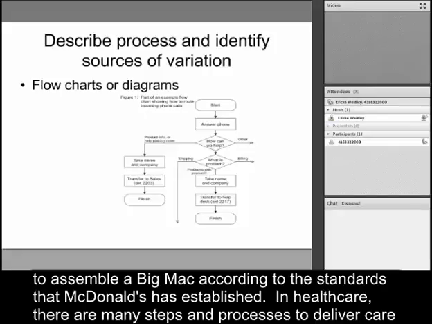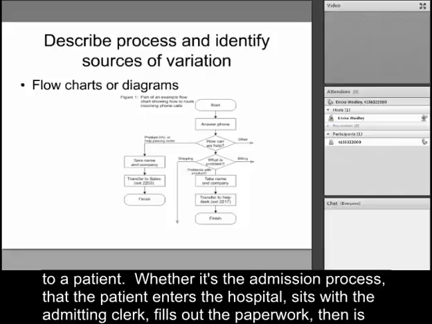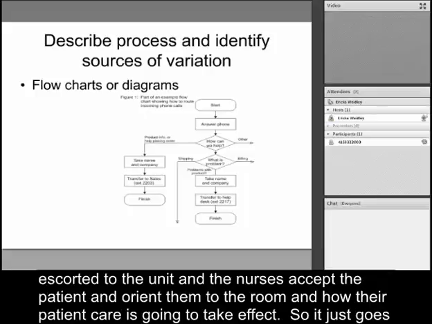In healthcare, there are many steps and processes to deliver care to a patient, whether it's the admission process, where the patient enters the hospital, sits with the admitting clerk, fills out the paperwork, then is escorted to the unit, and the nurses accept the patient and orient them to the room and how their patient care is going to take effect.